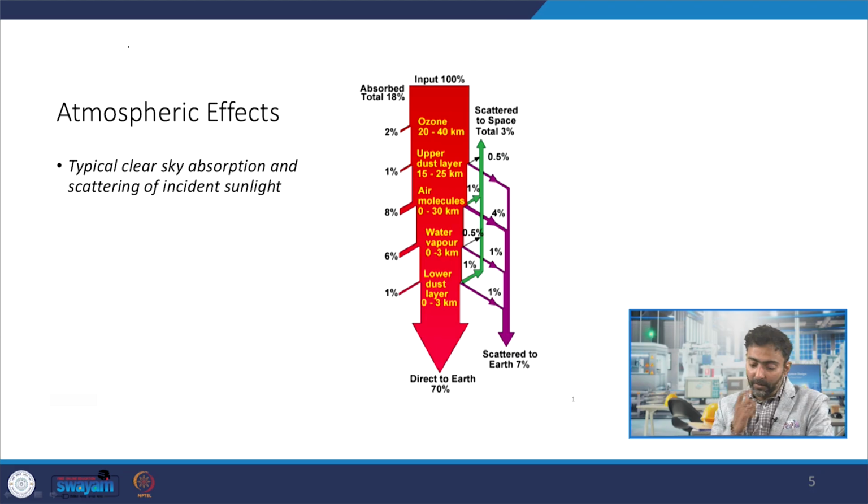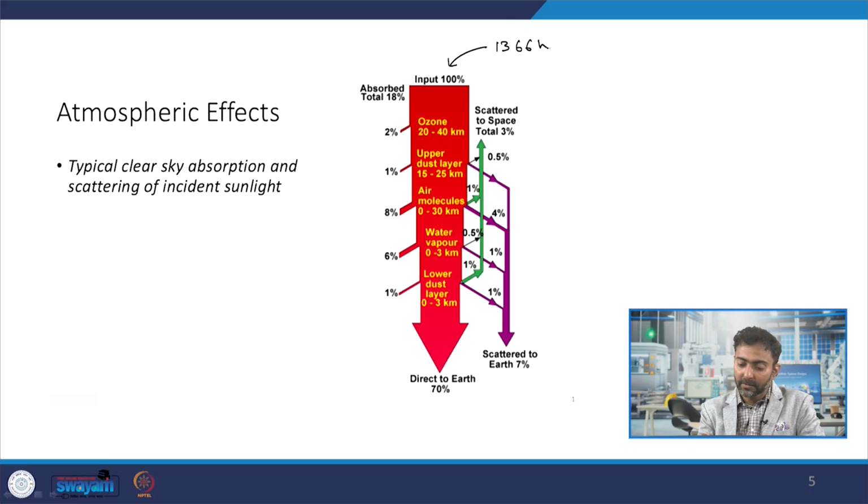This particular figure very interestingly summarizes the effect of power reduction, or reduction in the intensity of solar radiation, as radiation passes through the Earth's atmosphere. As you can see, there are different layers in the atmosphere, and at the top here you see there is input radiation which we are calling 100%. This is nothing but the solar constant, or the radiation outside the Earth's atmosphere, which we just saw.